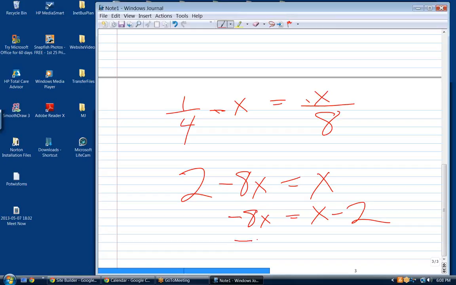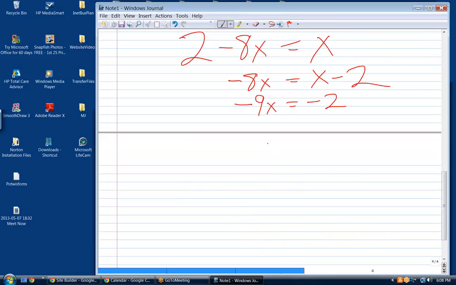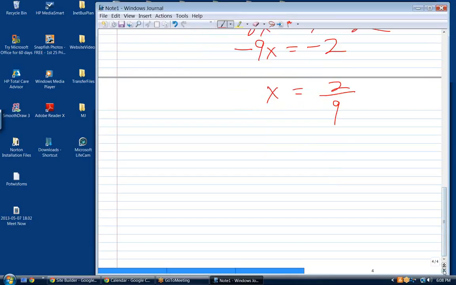Negative 9x equals negative 2. Good. And what's the next line? Divide by negative 9. So I get x is equal to, becomes positive because we're dividing a negative 2 by a negative 9. All right? All right.